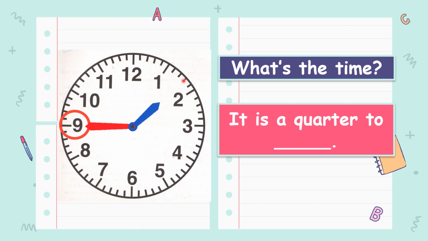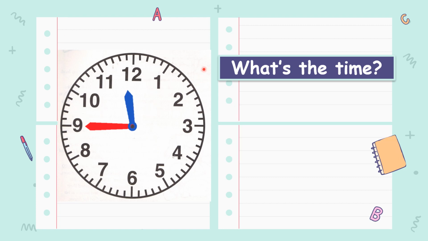Does it point to 2 yet? No. So it is 1. But remember, when we have the word to, we need to plus 1. So 1 plus 1 is, yes, 2. So the answer would be, it is a quarter to 2.